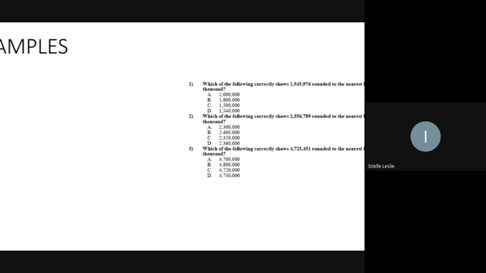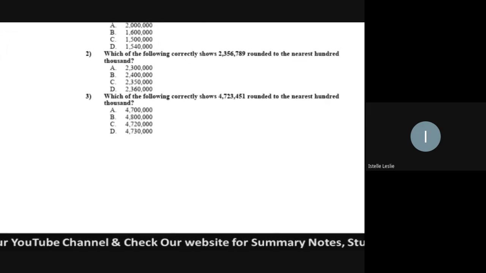So the third one, this says to the nearest 100,000.